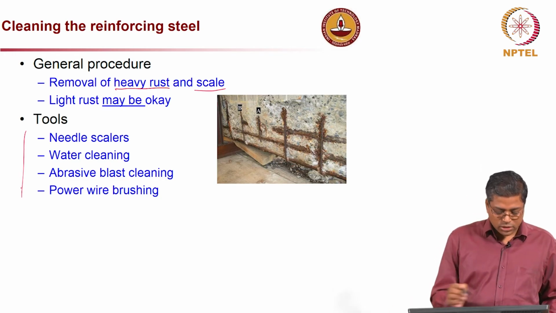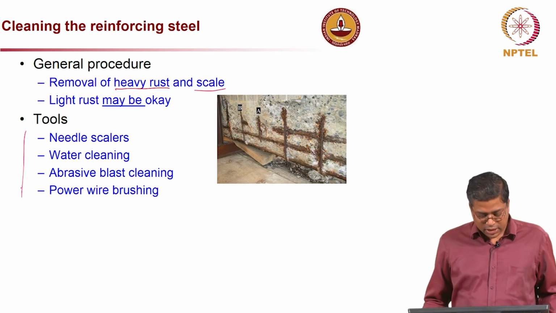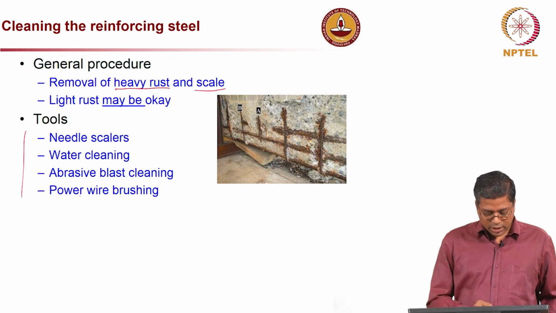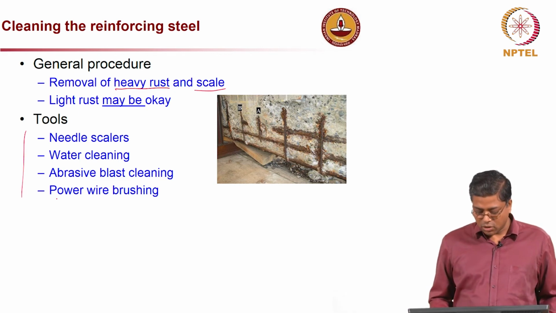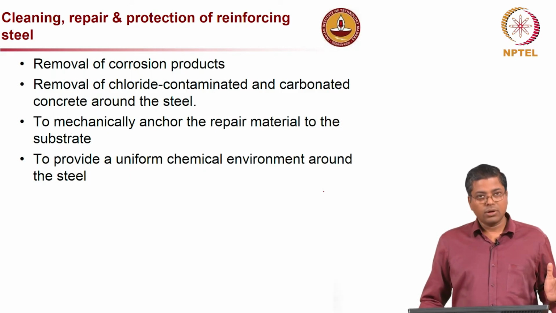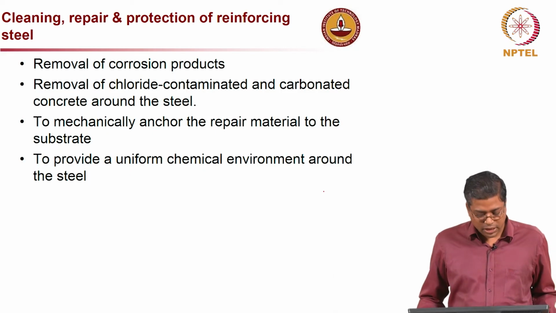Now, some of the tools are needle scalers, water cleaning and jet, abrasive blast cleaning, sand blasting, and then power wire brushing. All these are the tools which are used for removing the rust from the steel reinforcement.